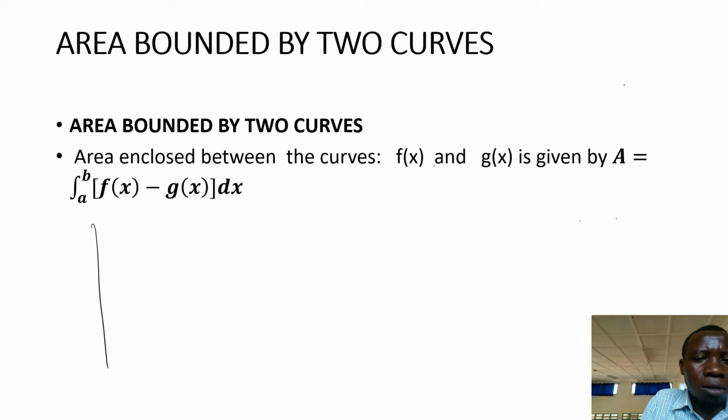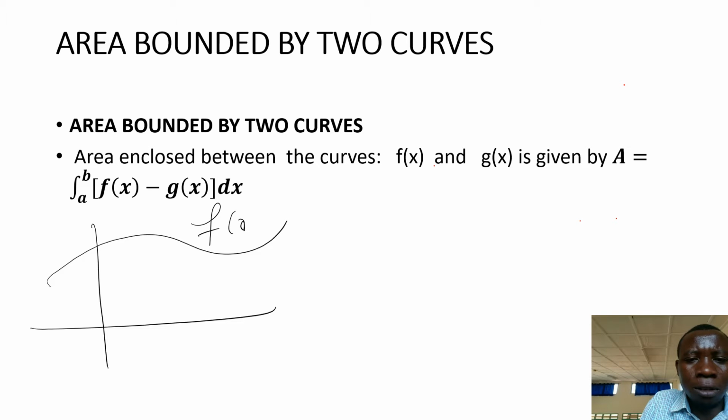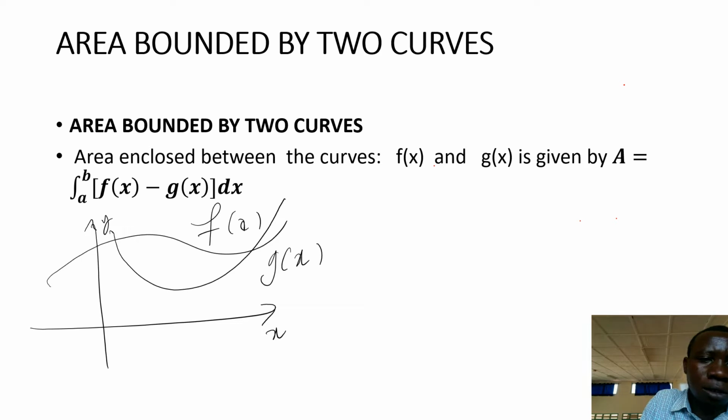Let's consider that you have the graph of f(x) which goes like this, and you have the graph of g(x), which goes like that. So the area included between these two curves is this shaded part. This is the lower limit and this is the upper limit.